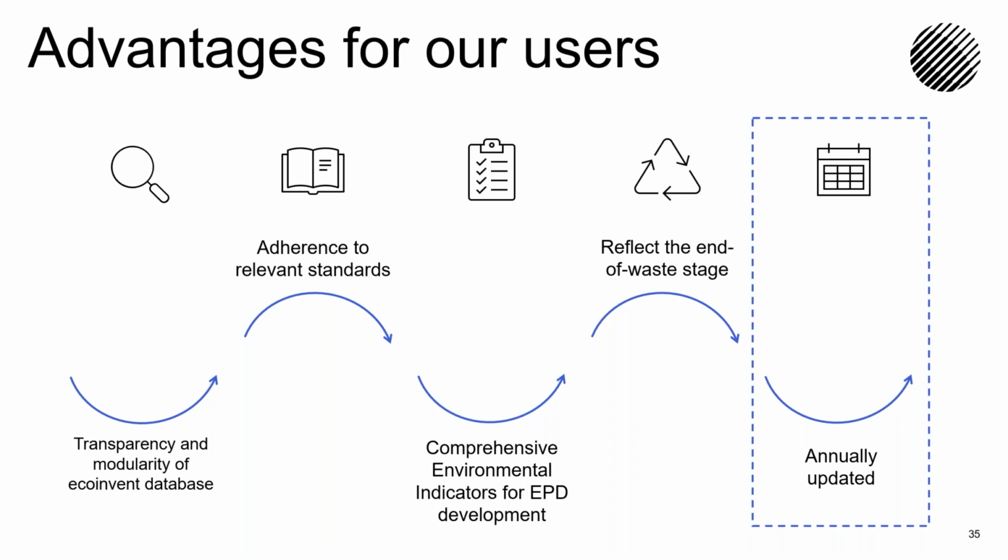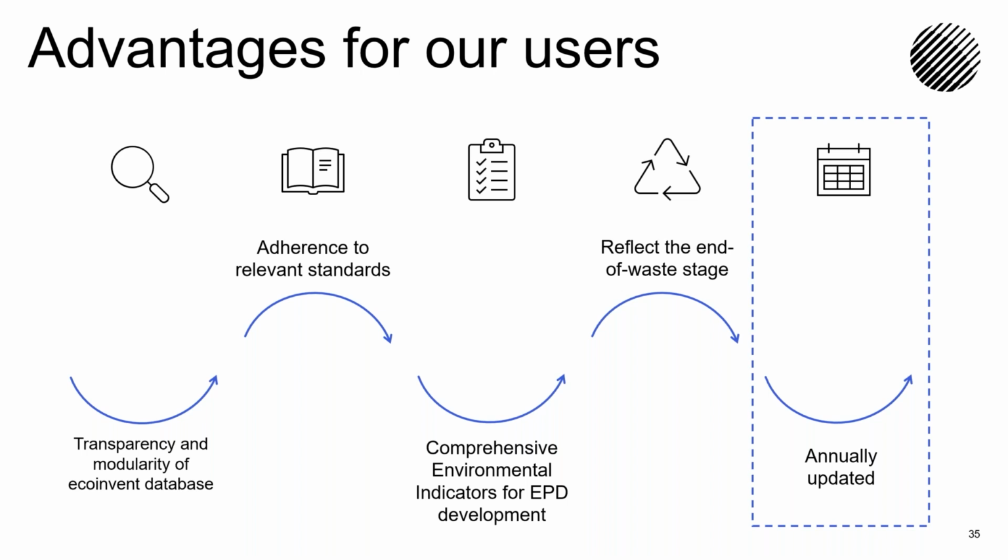Now, let's take a moment to focus on the importance of this annual update of the ecoinvent database, because the ecoinvent database is interconnected and we do not have standalone unit processes. The moment we have an annual update, we also have an update of all the background processes that are used in the supply chain of our database.